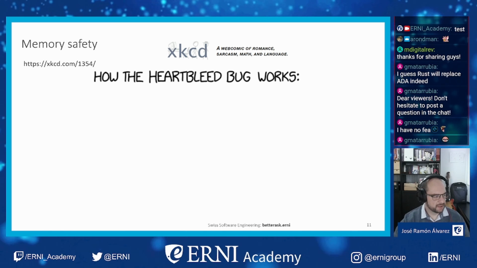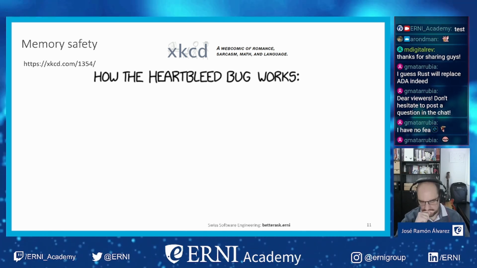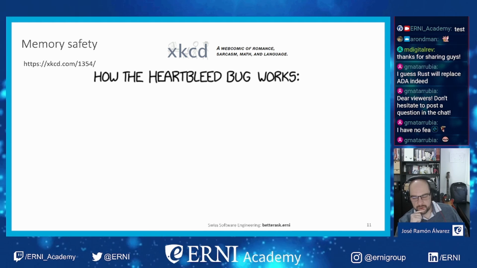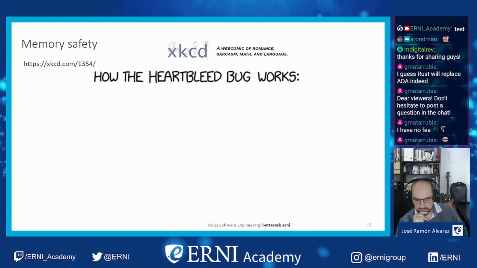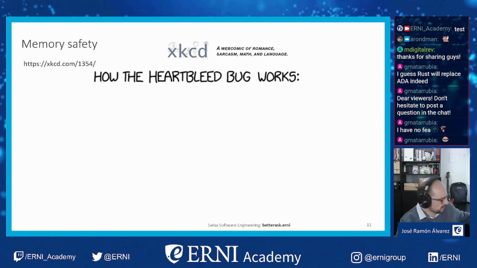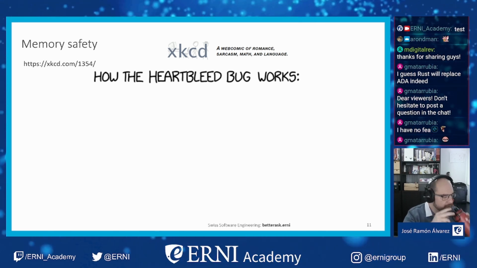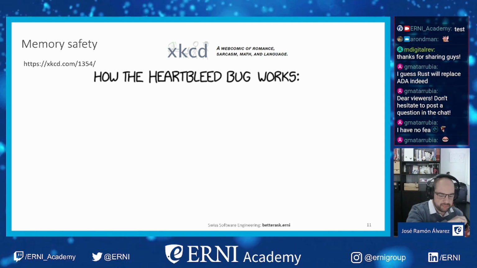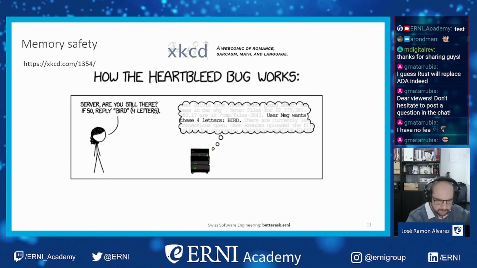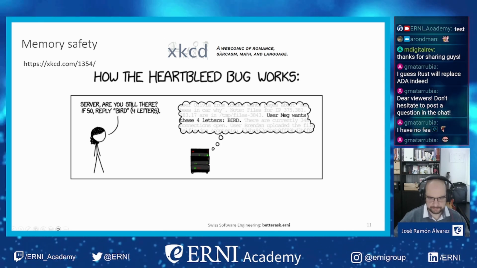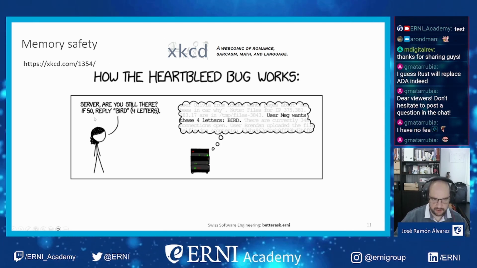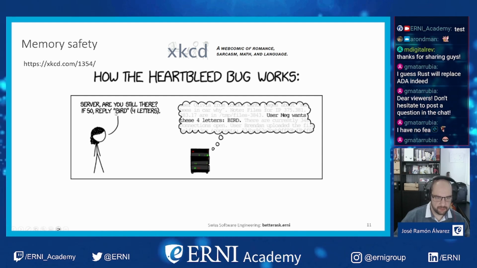Okay, maybe you remember the Heartbleed bug. It was a bug that was spotted like 12 years ago in the OpenSSL server implementation, and it went like this. This is a comic strip I like a lot, and it explains it very well. So we have the user Mech talking with a server and asking the server to reply with the word bird, which is 4 letters long.